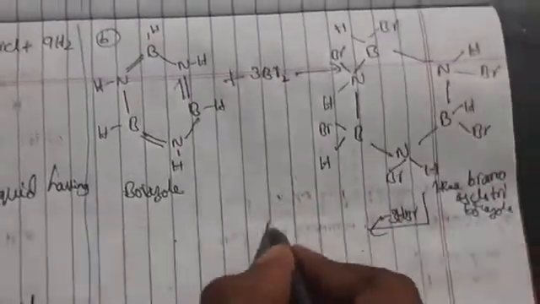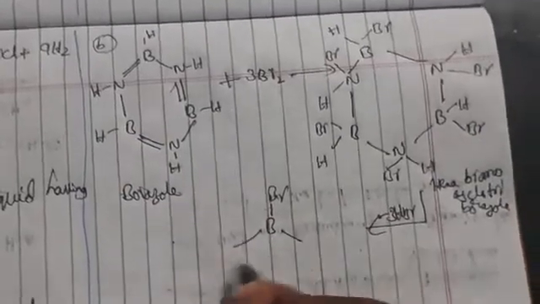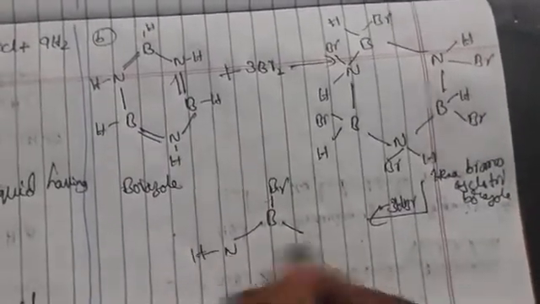Whenever there is a loss of 3HBr, it forms a compound like BBr, NH, B, N, BBr, NH.